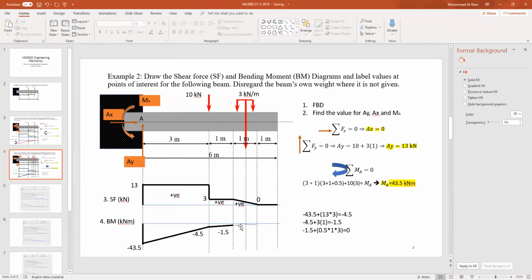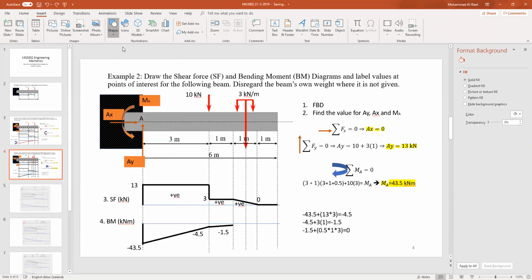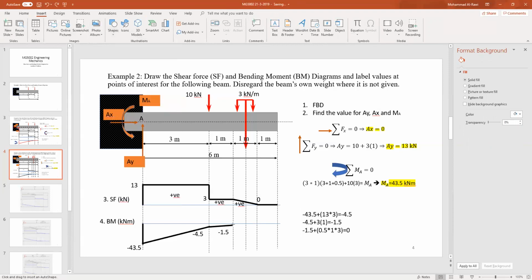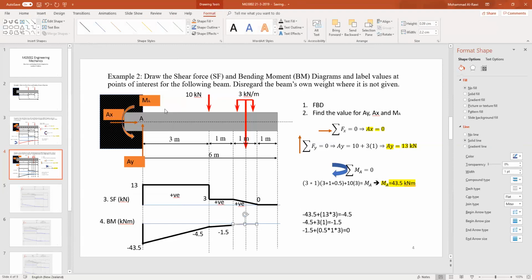I'm trying to make it as good as I can, but it's sometimes very difficult to achieve with this space. Yeah, kind of like this, and that's where it closes. Maybe I need to increase the thickness of that.